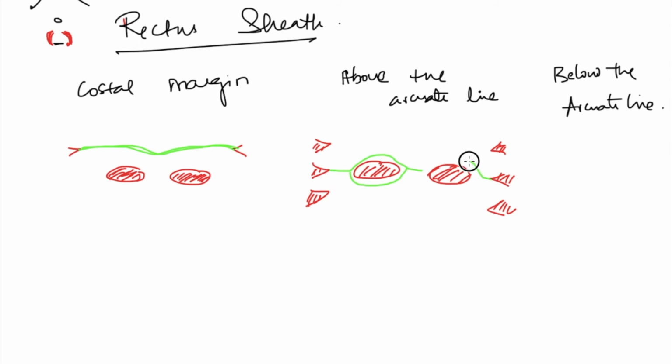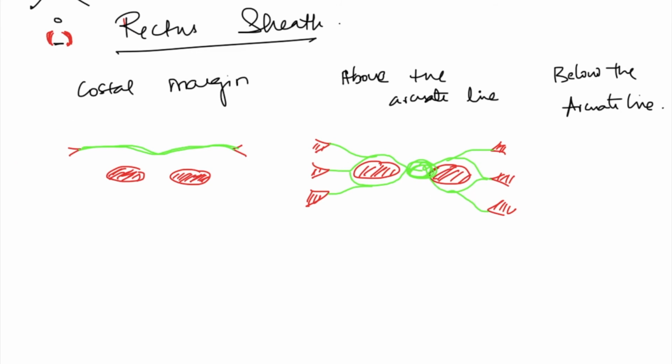Similarly on the other side. In the midline they're going to meet. So this is your linea alba. The thing that I'm circling here is your linea alba. The external oblique aponeurosis is just going to blend here and form the anterior sheath, and your transversus abdominis aponeurosis is going to blend with the posterior sheath. This is what is happening at the level above the arcuate line.